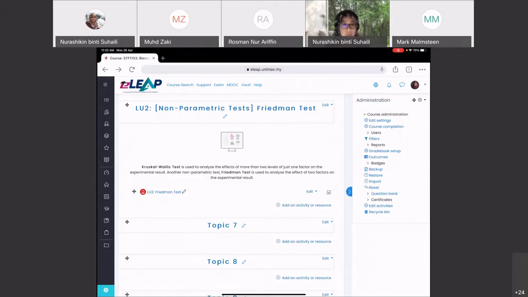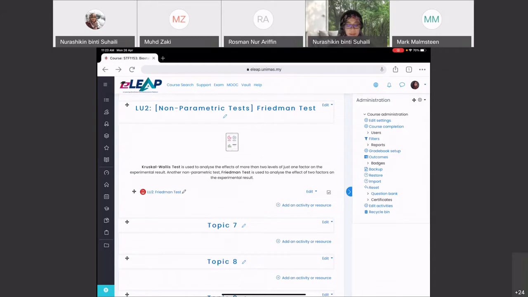If we relate them to parametric data, the Kruskal-Wallis test is equivalent to one-way ANOVA, and the Friedman test is equivalent to two-way ANOVA.